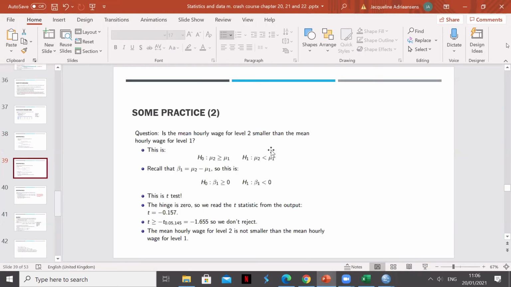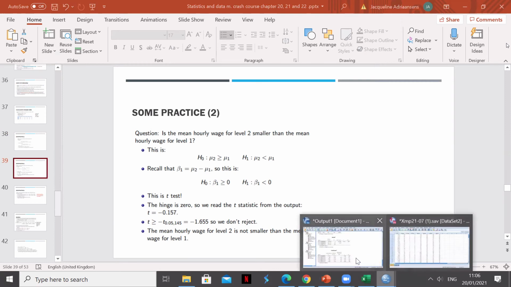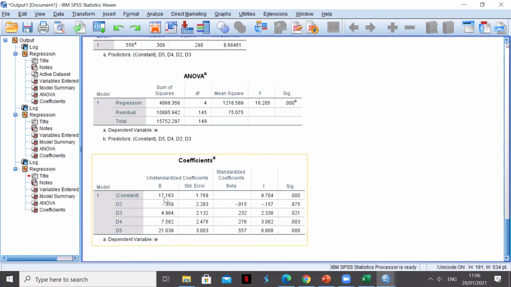Then we have another example. Is the mean hourly wage for level 2 smaller than the mean hourly wage for level 1? Since we take the first one to be the first level, it is the base level. So you compare everything to the base level. So these coefficients of the variables mean going from the base level to the other level, so from the base level to D2, and from the base level to D3.